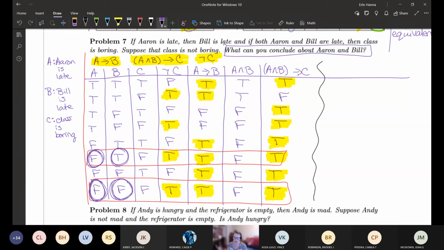You could write those as two different situations, but I would bring them together and say Aaron is not late, because in both situations he's not late. But we do not know about Bill. You could say Bill could be either late or not late. We're not exactly sure which of those two we're in, but we know for sure that Aaron's not.